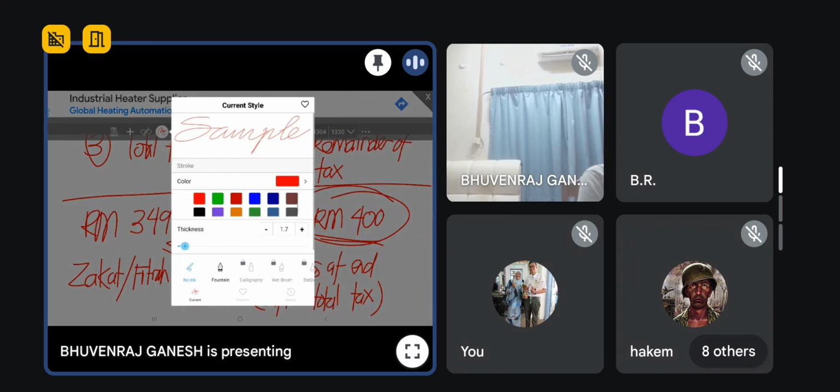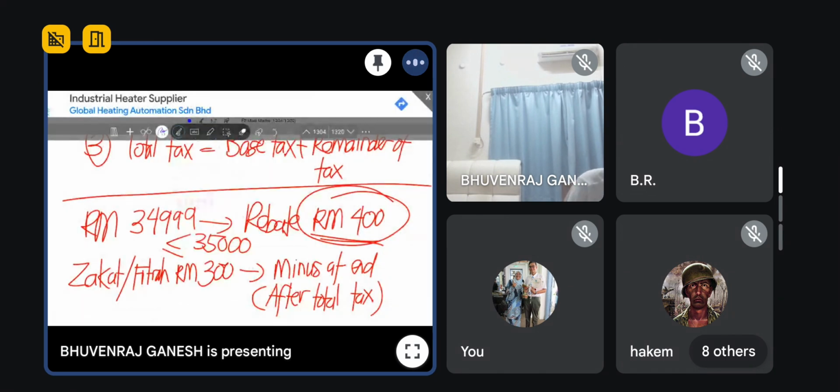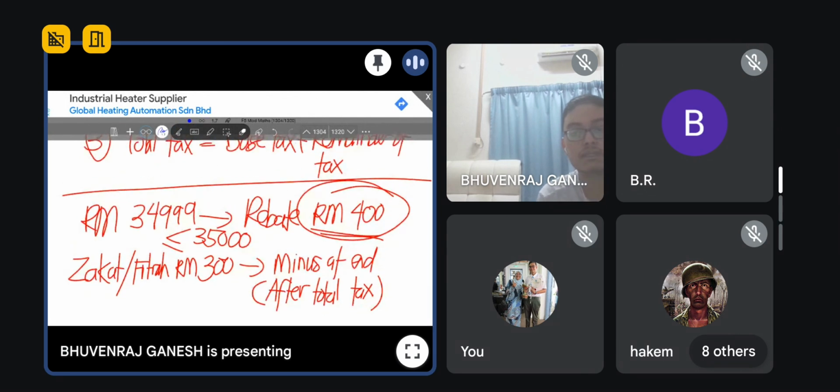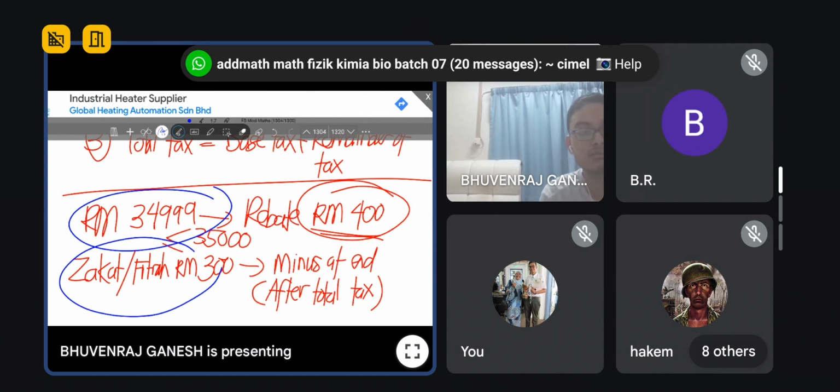Bila pendapatan bercukai kamu kurang dari 35,000 atau sama dengan, then you will have a rebate. Okay, so yeah, this is the special case so far we have for income tax. Only two only, zakat fitrah and also this value, lebih kurang dari 35,000.